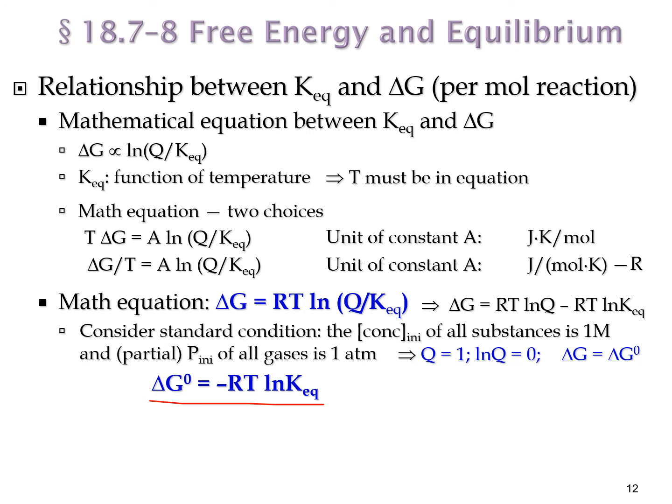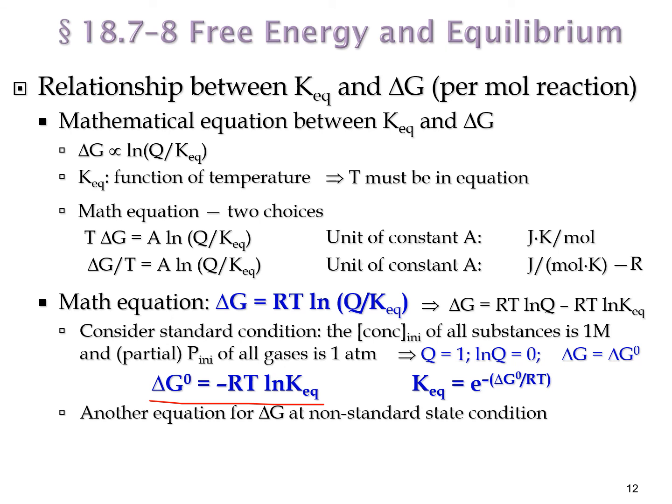And of course, we have a way to calculate the delta G0 with the information we have. And it is possible. In order to get KEQ, we have e to the power of negative delta G0 over RT. And of course, that equation sounds familiar as well.